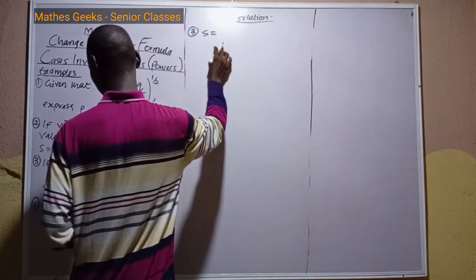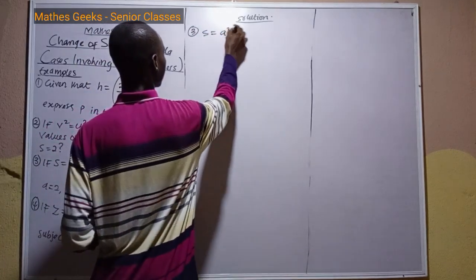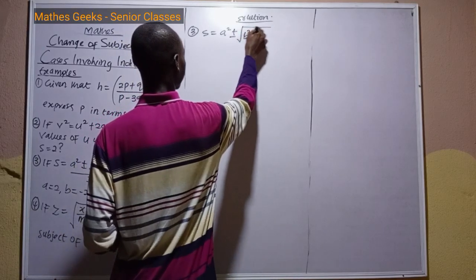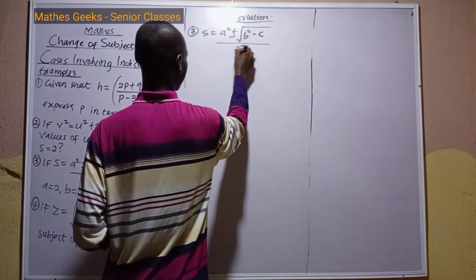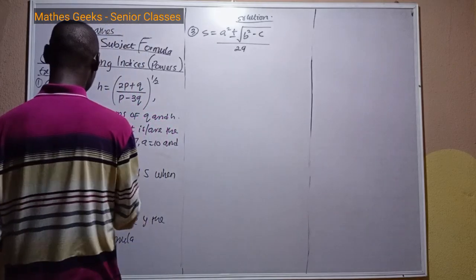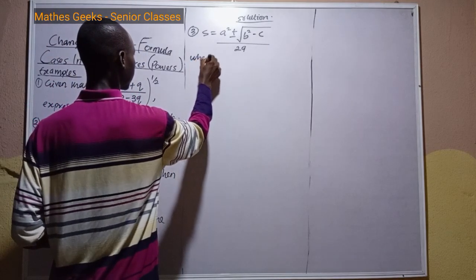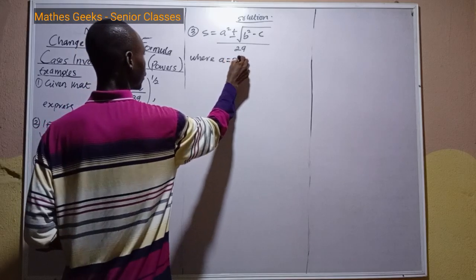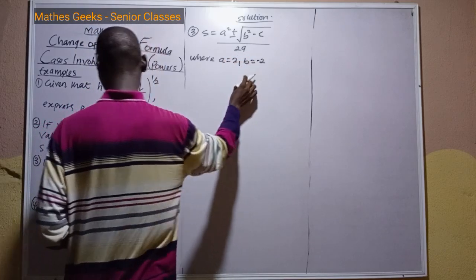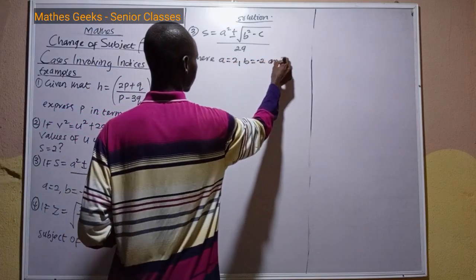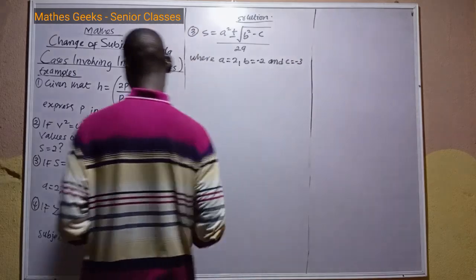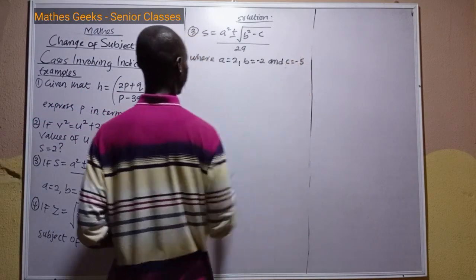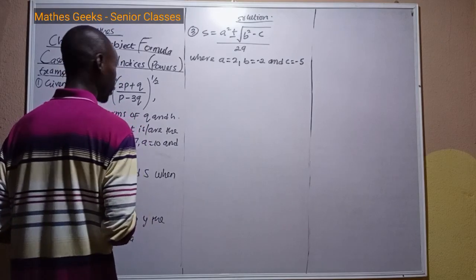So if s is equal to (a plus or minus the square root of b squared minus c) over 2a, where a is equal to 2, b is minus 2, and c is equal to minus 5, find s.